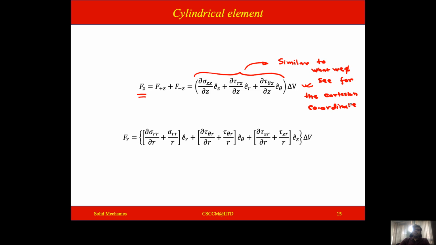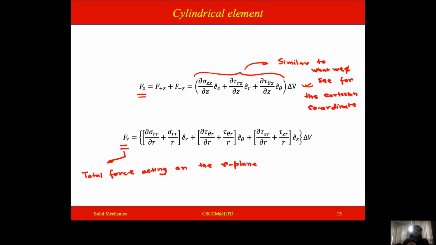The next thing we derived in our last lecture, we will not do it again, but we will continue from that point. That was basically Fr. And what is Fr? Fr is the total force acting on the R plane and not the R direction.